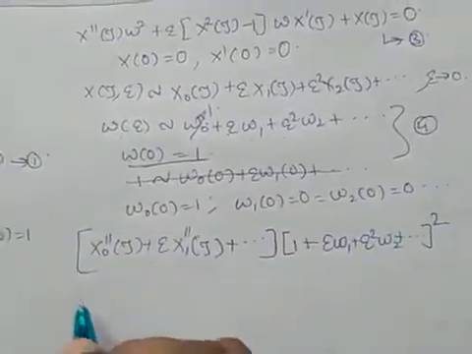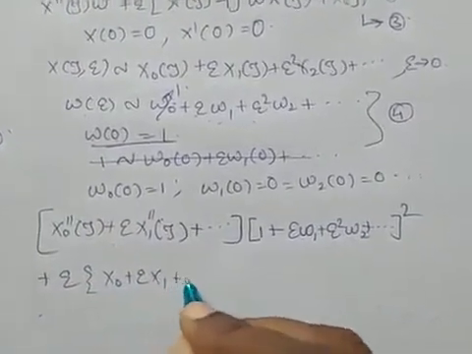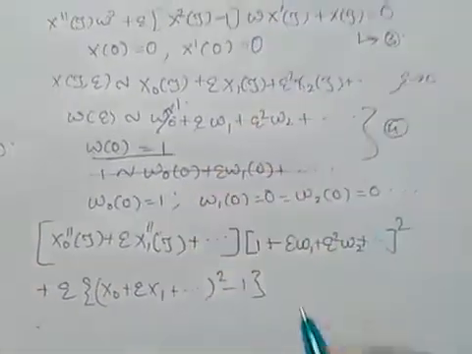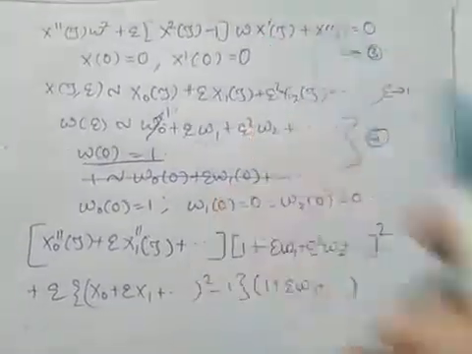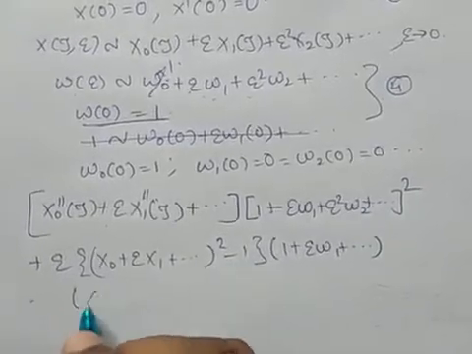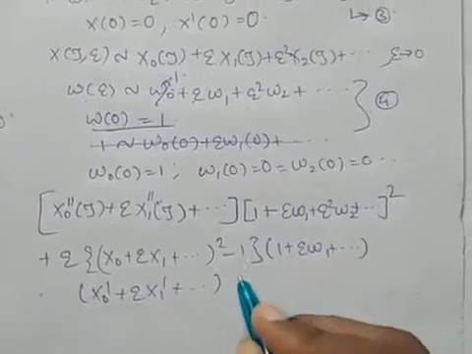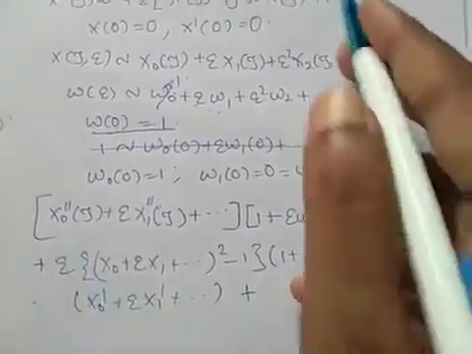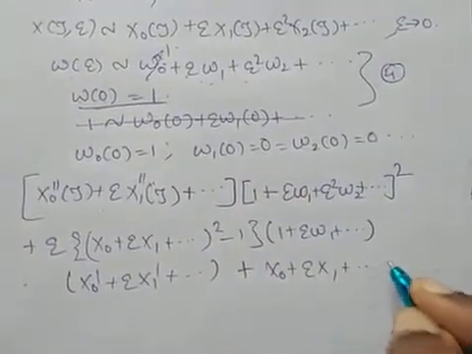So whole square plus epsilon times x square minus 1, so x naught plus epsilon x1 plus etc., whole square minus 1, into omega, where omega is 1 plus epsilon omega 1 plus etc., into x dash, that is x naught dash plus epsilon x1 dash plus etc. All are one term. Last one is x, that is x naught plus epsilon x1 plus etc.